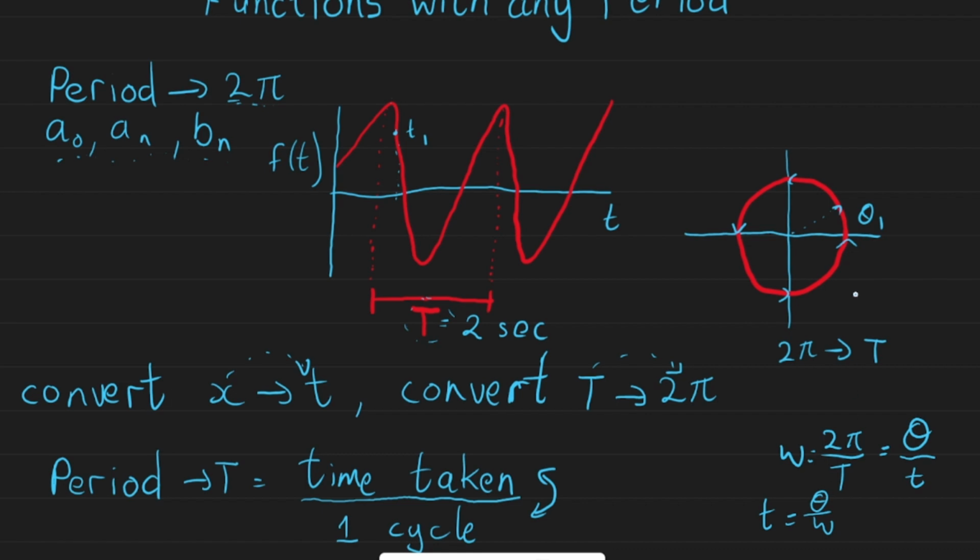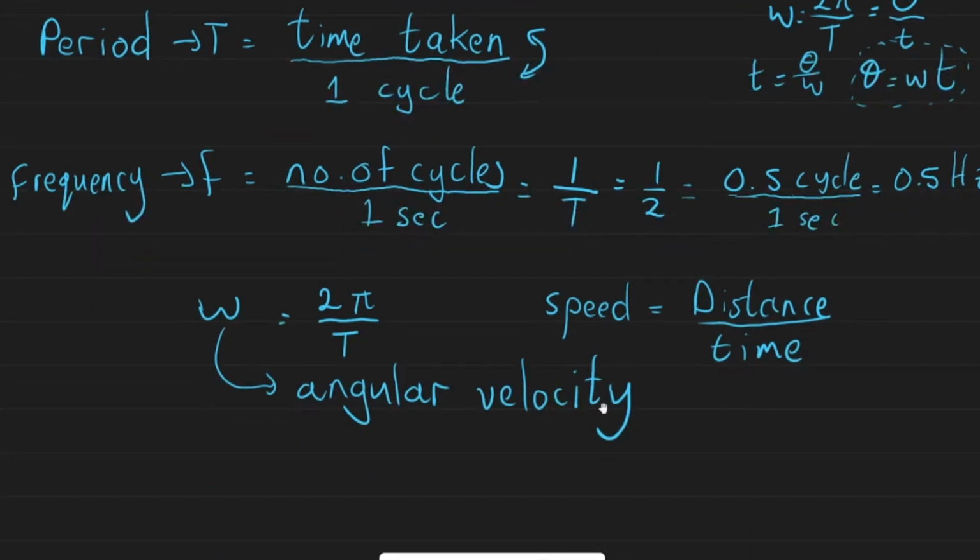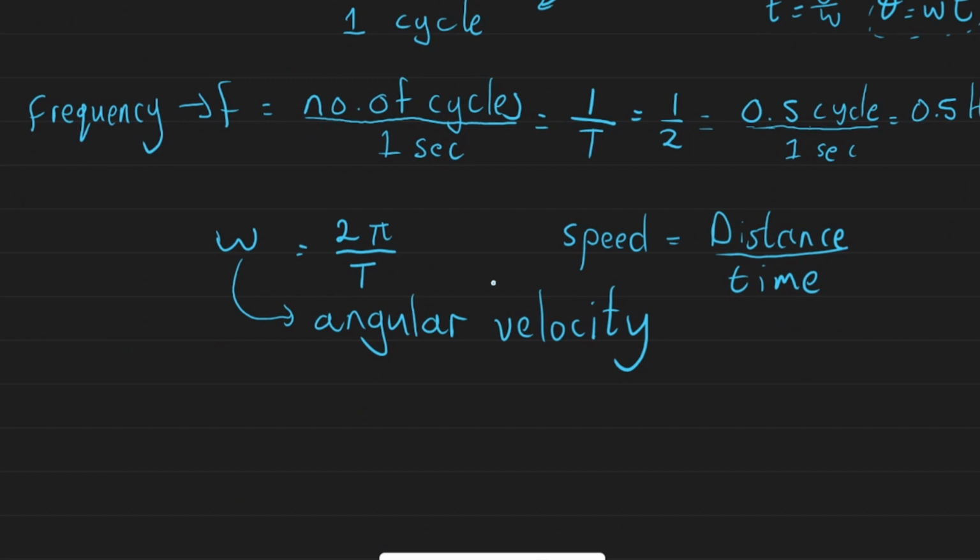Okay, so in the same way, this angle is equal to this angular frequency times this time. So we're now writing the Fourier series in terms of the angle, right?